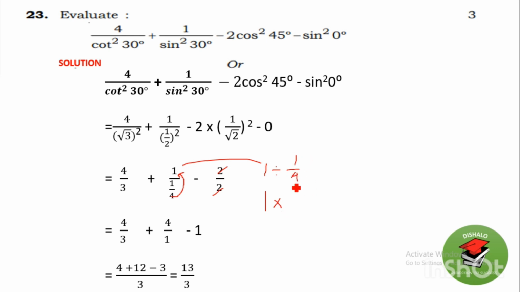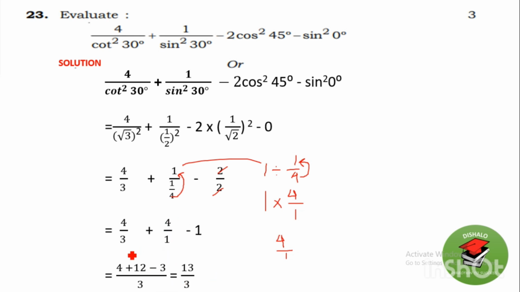This will be the reciprocal. So if it is 1 by 4, it will be 4 by 1. That means your denominator goes to the numerator and your numerator goes to the denominator. That's why the 4 came. So you will get 4, because 4 ones are 4, divided by 1, like I got here in the next line.